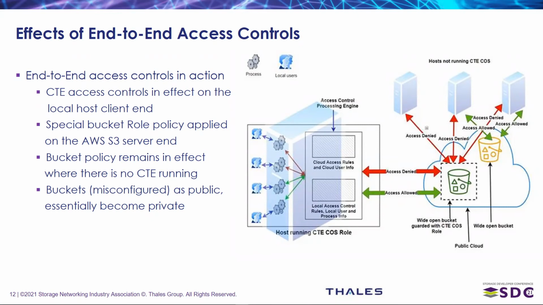The red arrow from the CTE host could be viewed as a request that tried to bypass the end-to-end controls, or it could be just the result of a regular access control request that was denied. So hope this gives a little more idea of what the end-to-end access control affects.